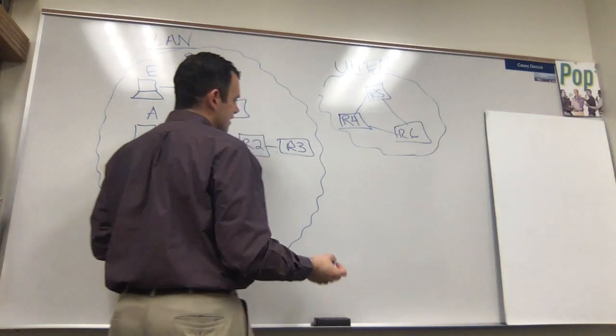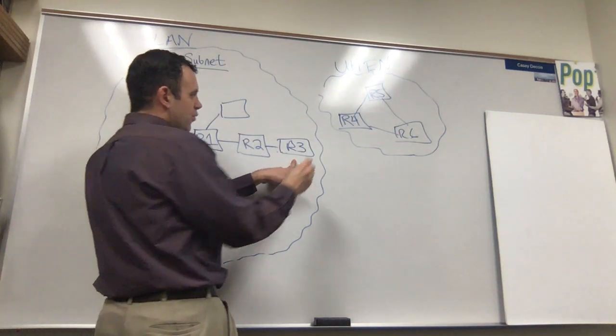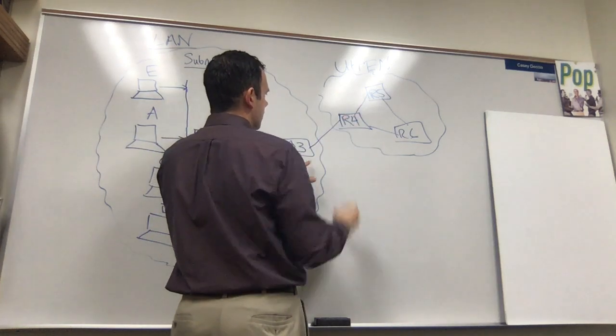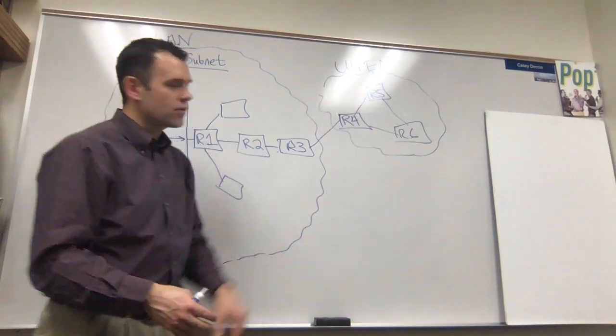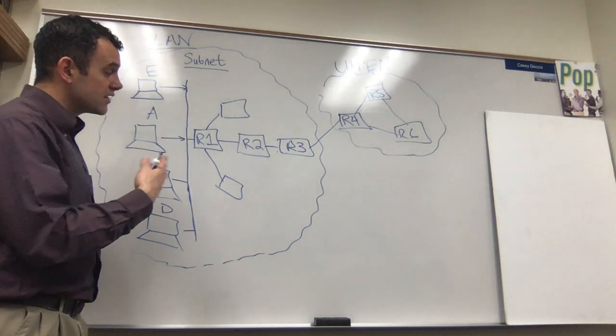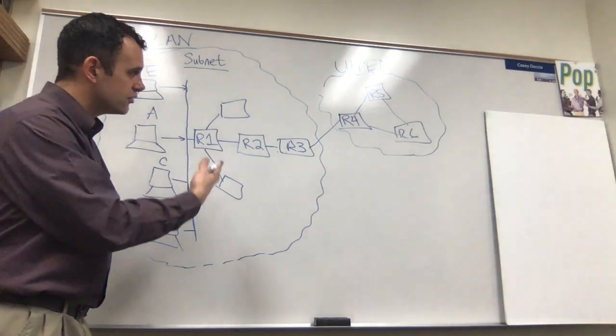Then BYU at its border has to speak some language with this router over here and communicate. And so now you've passed some sort of a network boundary or an organizational boundary.